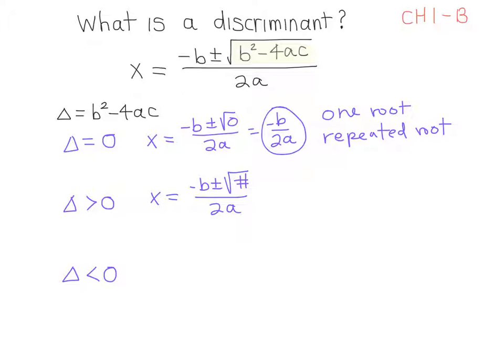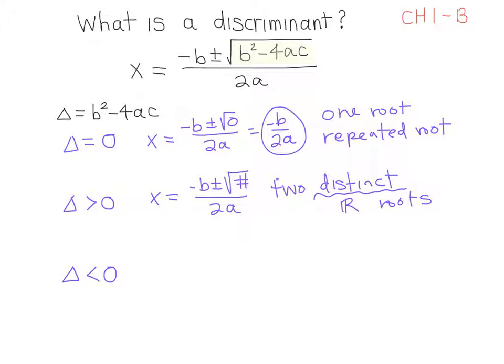So in this case, we say this quadratic formula has two distinct real roots. What does it mean to be distinct? In math, distinct means different. Two different real roots for the case of delta greater than 0.